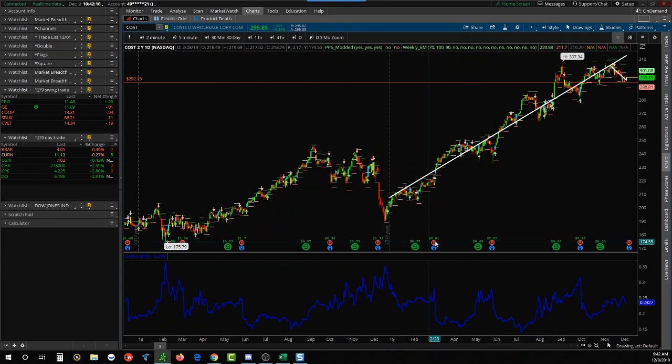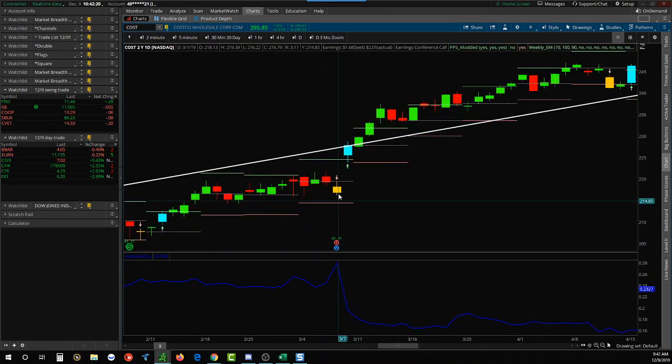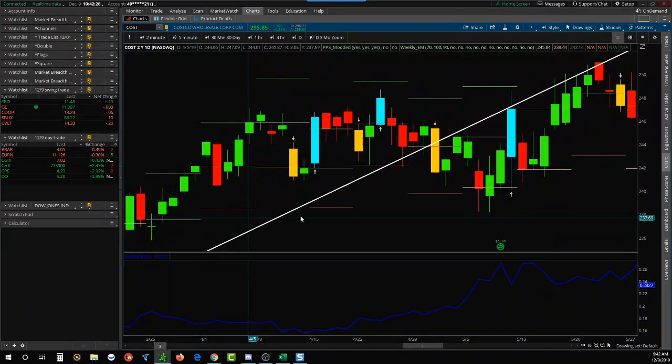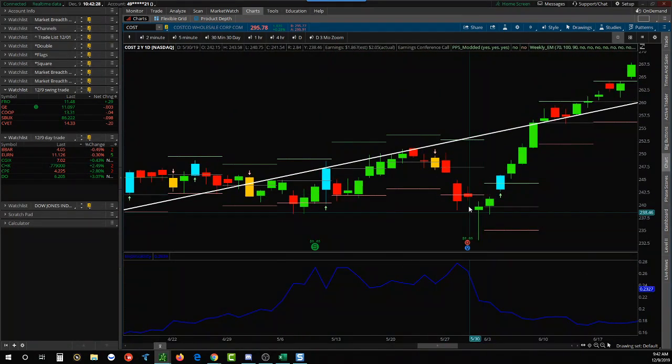So if every earnings you were to go in and measure how much it moved, write that down, go to the next one. How much did it move? Write that down. Go to the next one. Do that for 10. Add all of those numbers together, and then divide it by 10, and then you would have an average.